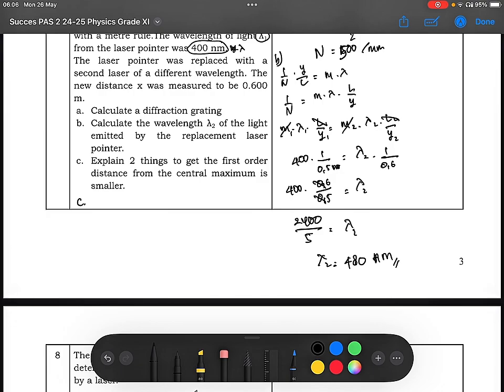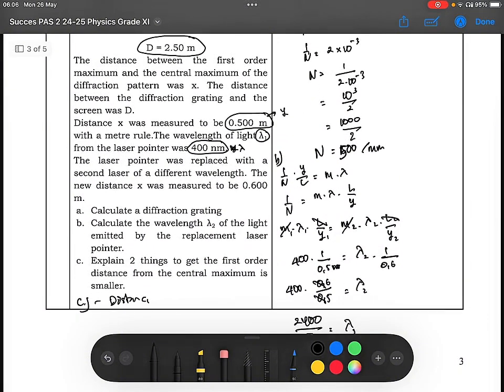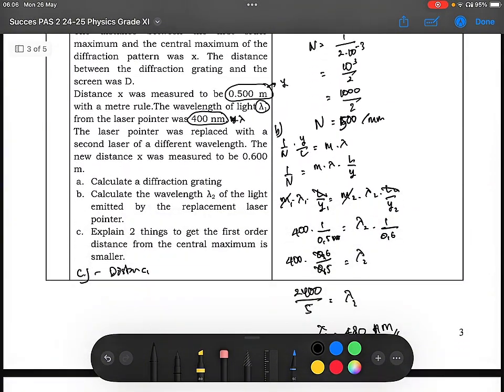If you can change the first, the distance creating to screen smaller.